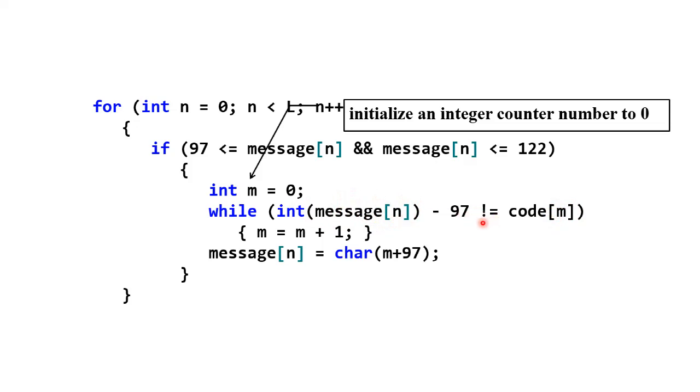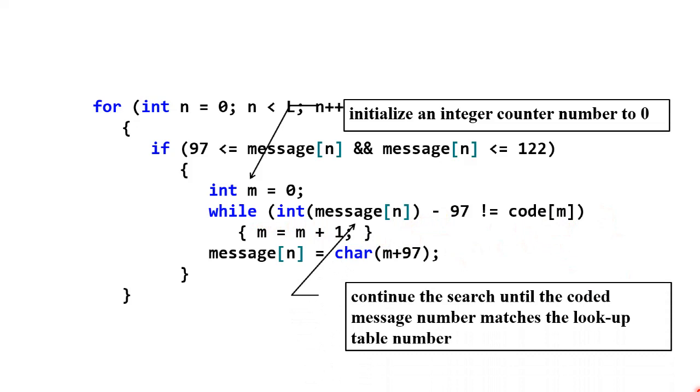And if they are not equal to each other, then I want to increment the counter and check the message character against the next entry in the code table. And if they do not match, again, increment the counter number and keep this up until I find the code entry that matches my coded message entry.